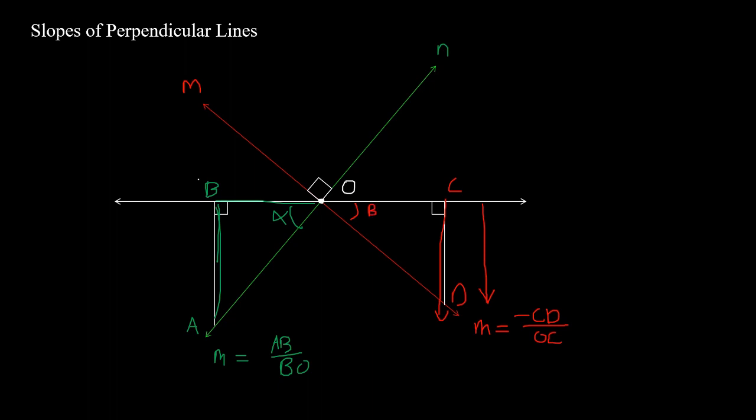So alpha plus beta plus this white unknown angle is going to be equal to 180 degrees.